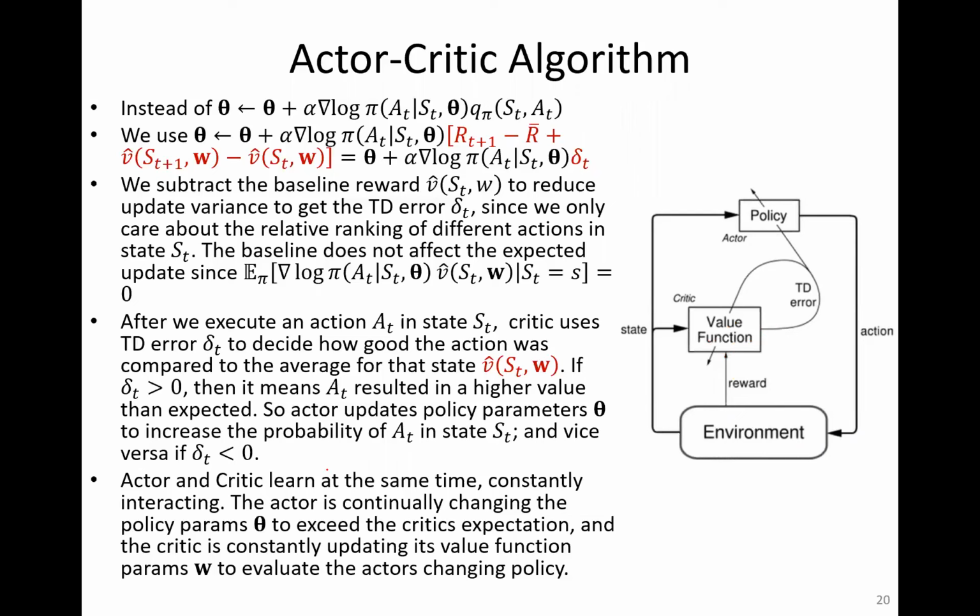So actor and critic learn at the same time, constantly interacting. The actor is continually changing the policy parameters theta to exceed the critic's expectation, and the critic is constantly updating its value function parameters w to evaluate the actor's changing policy.